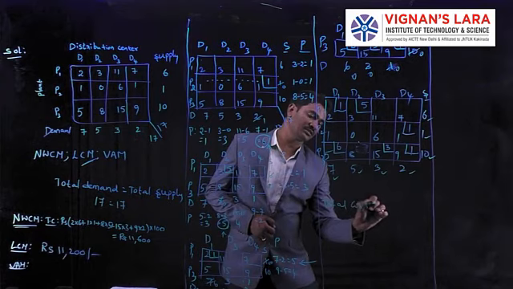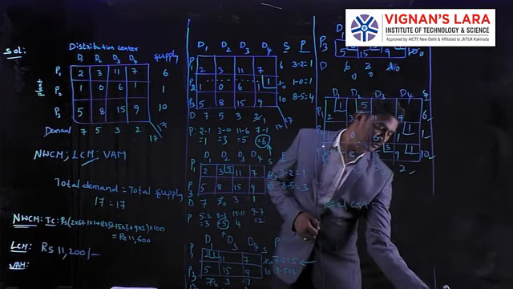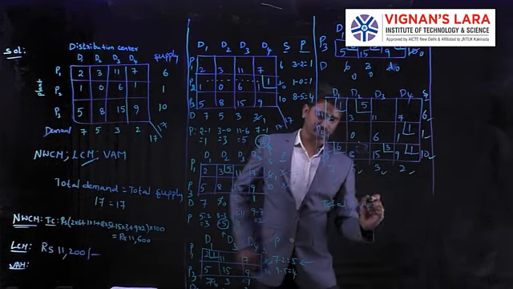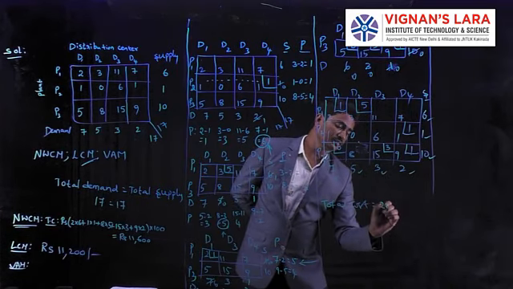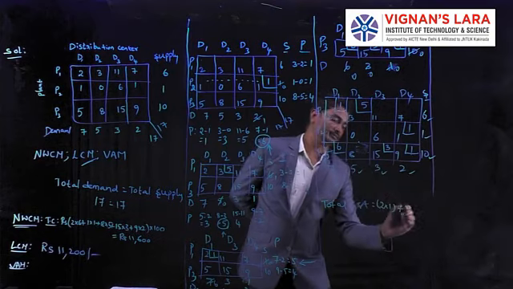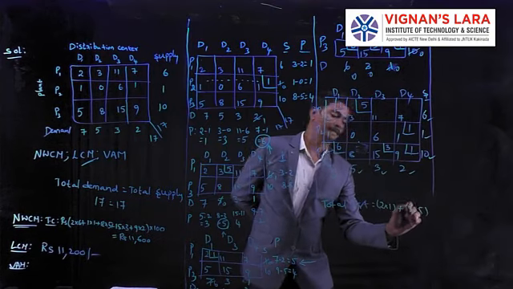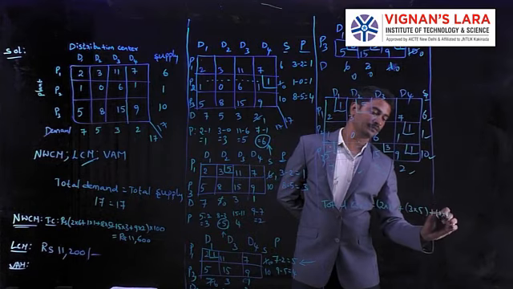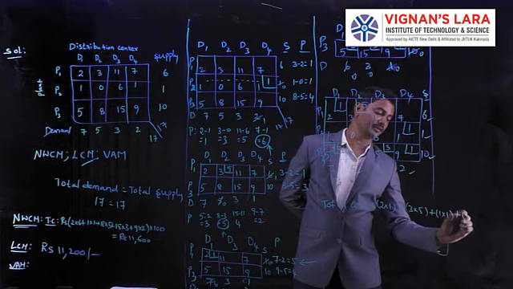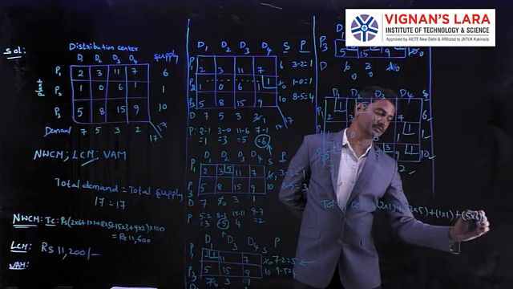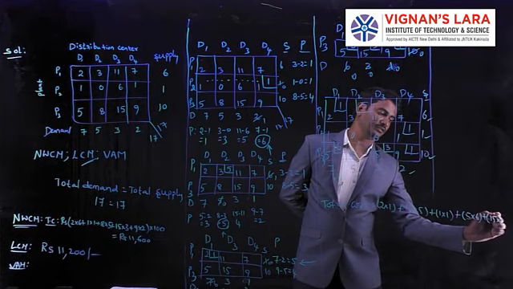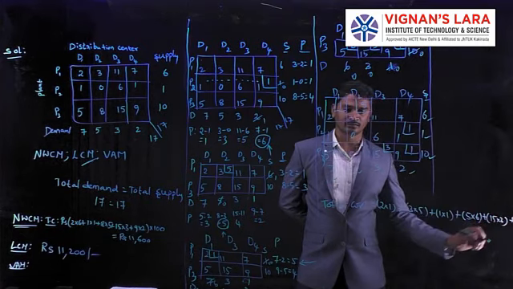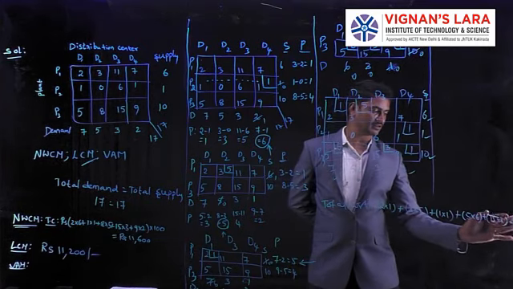The total cost: already we have the unit cost values. Each unit we have to take 100 rupees. Total cost is 2 into 1 plus 3 into 5, plus 1 into 1 plus 5 into 6 plus 15 into 3 plus 9 into 1. Okay, it is not visible.